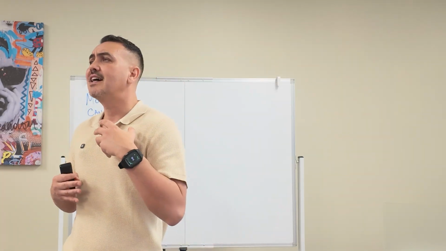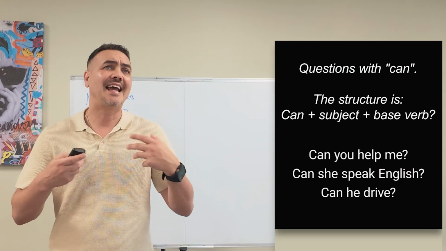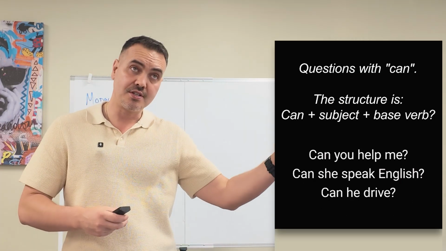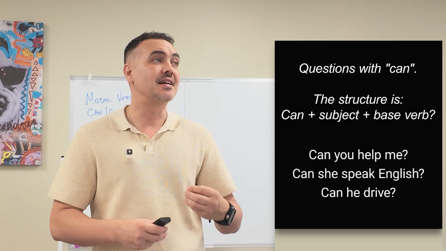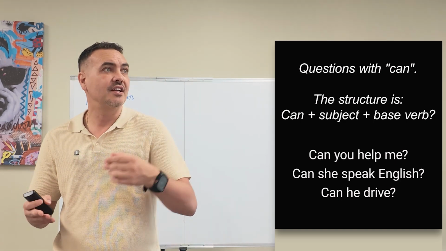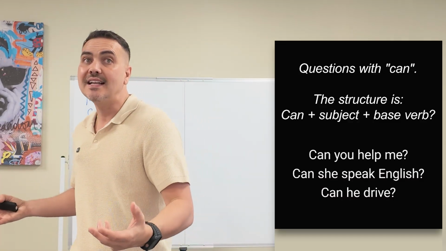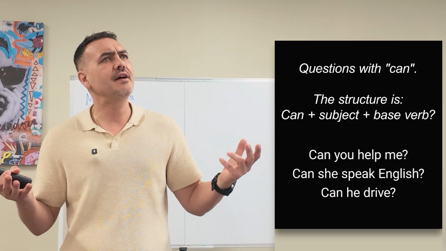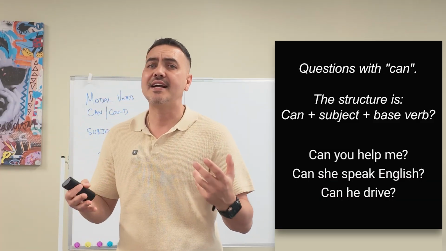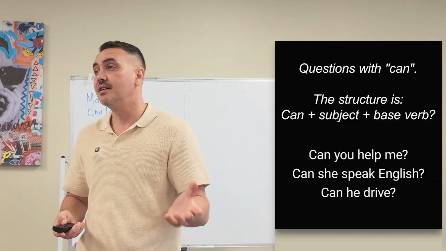And if we want to make a question with can, the structure is can first, plus the subject, plus the base verb, okay? So you say, can you help me? Can she speak English? Can he drive? Can they come tomorrow? And to answer, it's very easy.